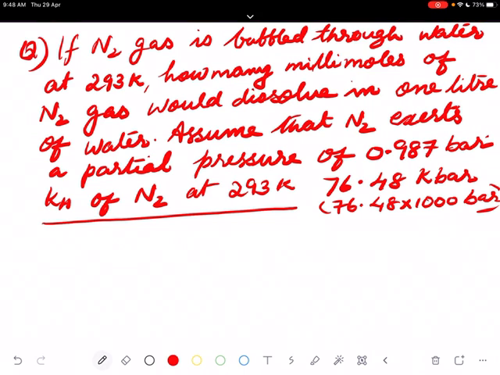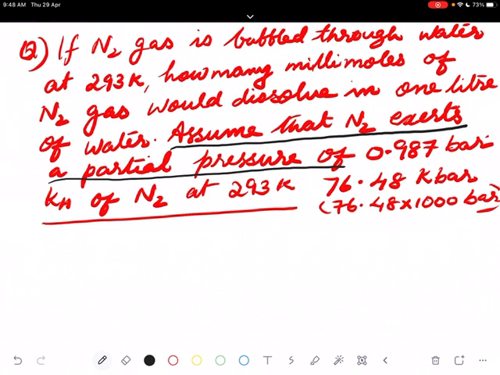So what is the concentration? How many millimoles of N2 gas would dissolve in 1 liter of water? Assume that N2 exerts a partial pressure, that is PN2.